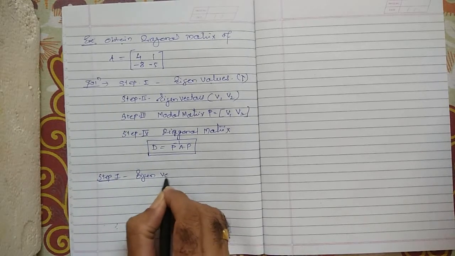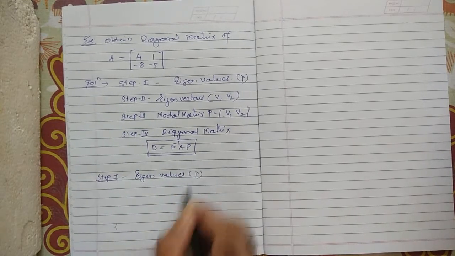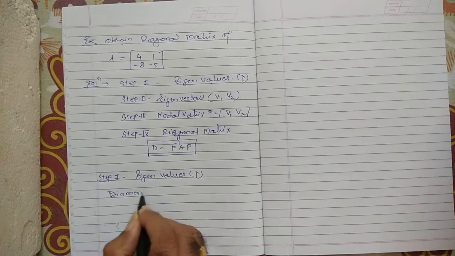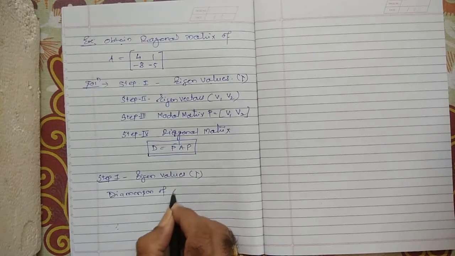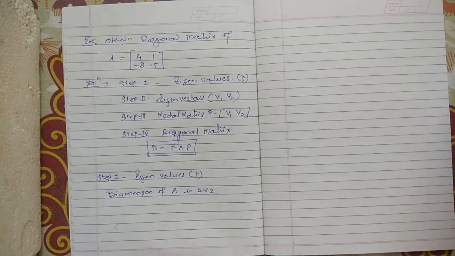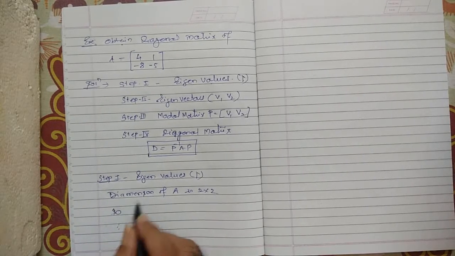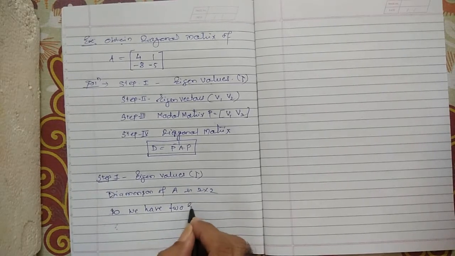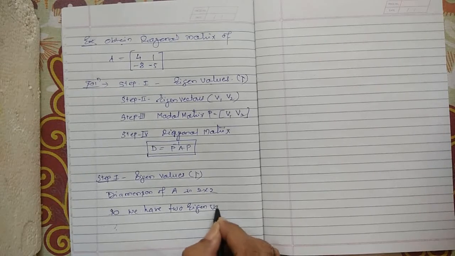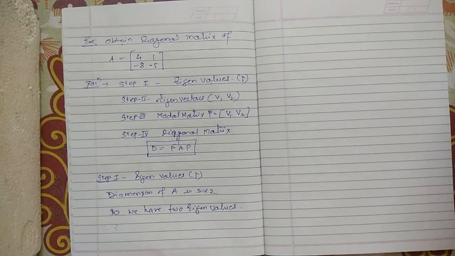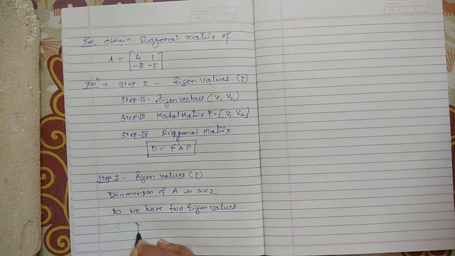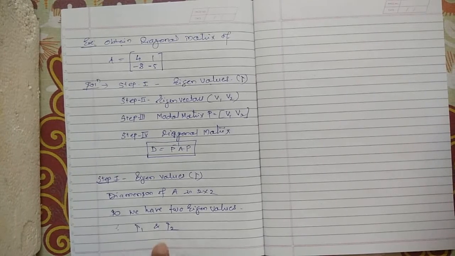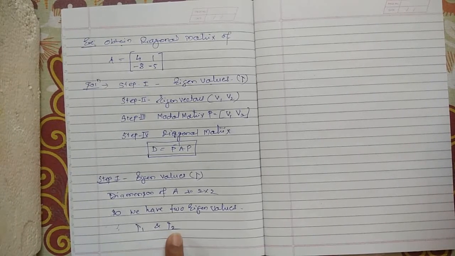Now first we will see step 1, that is the eigenvalues, lambda. The dimension of A is 2 by 2, so we have 2 eigenvalues, lambda 1 and lambda 2.